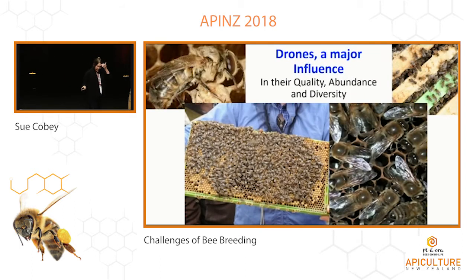Drones, of course, I can't emphasize how important these guys are. And really, if you have any stressors in the environment, or the season is late or early or something, drones are the hardest to maintain. They're expensive on the colony, but they're really essential.